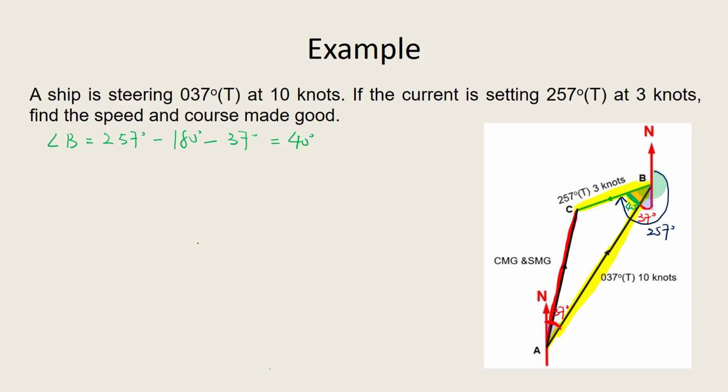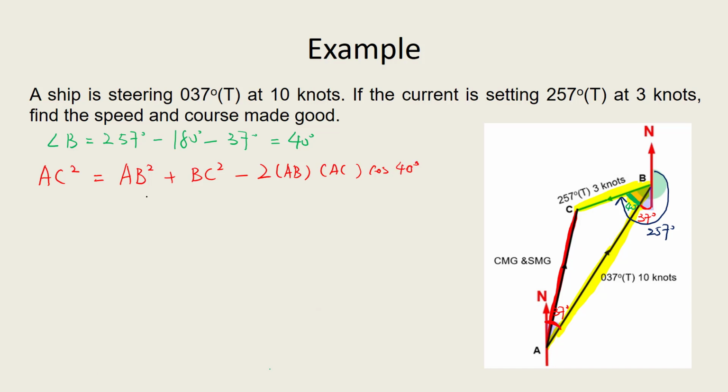We should simply use the cosine rule to find the length of AC. So the cosine rule equation goes this way. AC squared will be equal to AB squared plus BC squared minus 2 times AB times BC times the cosine of the included angle, that is 40 degrees.